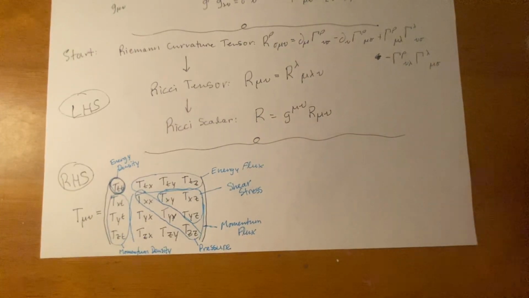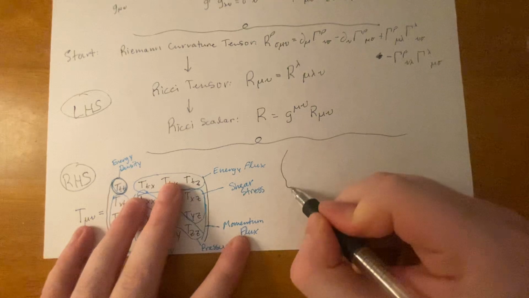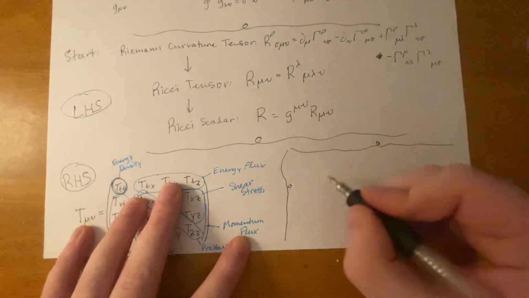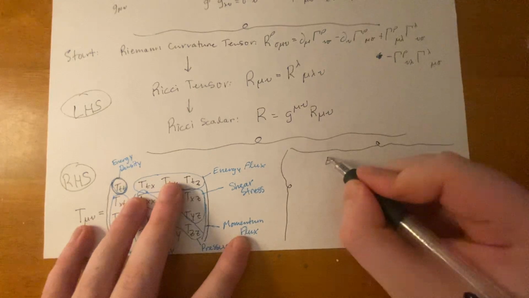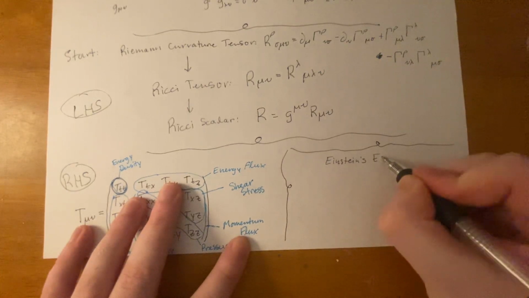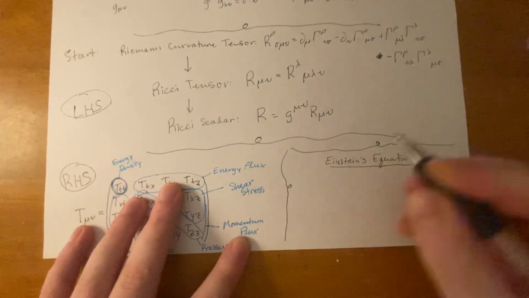Now that leaves us with one last thing to write down, and that is Einstein's equation. Which is simply this.